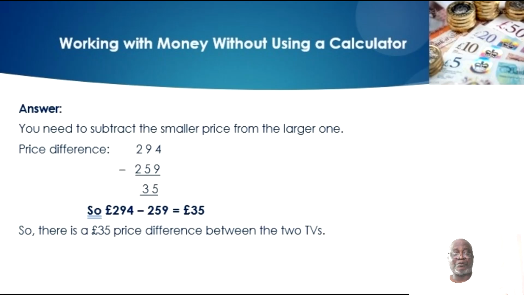Now that you've borrowed 1 from the 9, you now have 8. So 8 minus 5 is 3. 2 minus 2 is 0. So you write your answer properly. 294 minus 259 is equal to £35. So the price difference between the 2 TVs is £35.